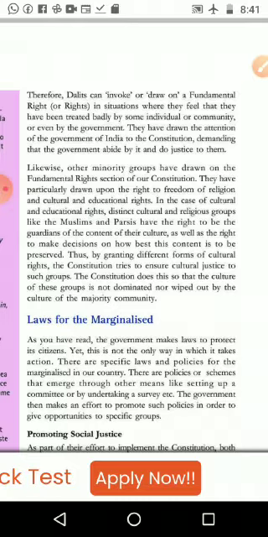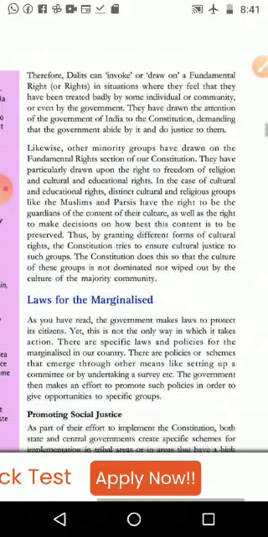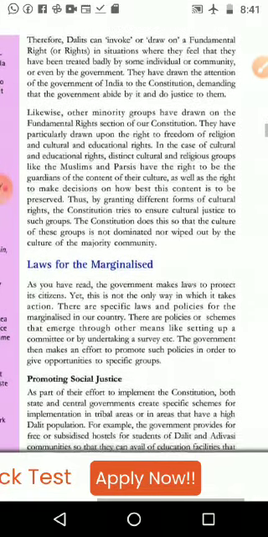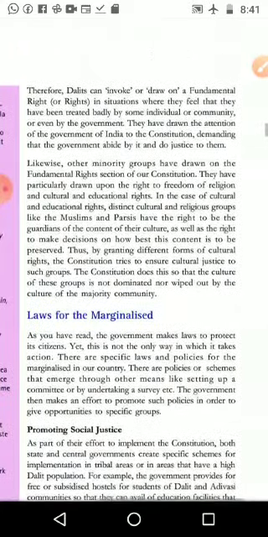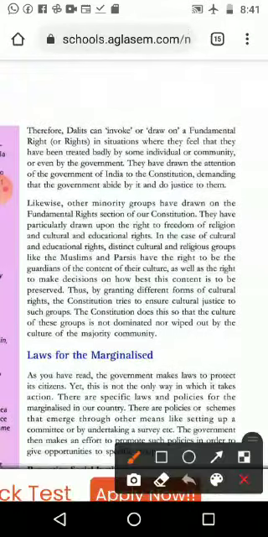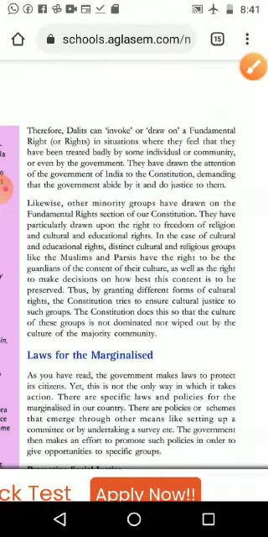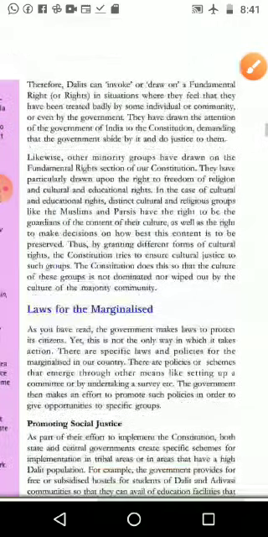They have drawn the attention of the government of India to the Constitution, demanding that the government abide by it and do justice to them. Because of our Constitution, the government is responsible for giving justice and equality to them.